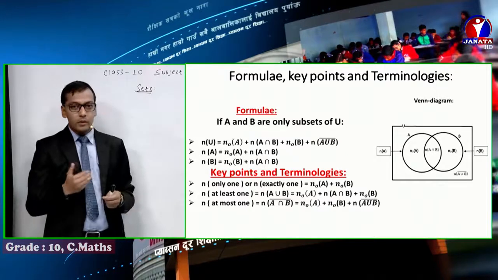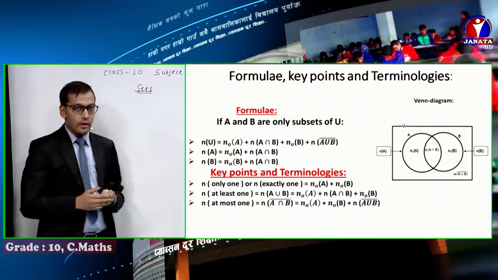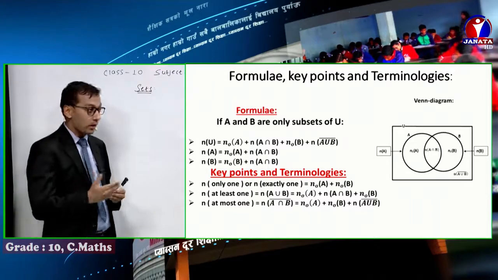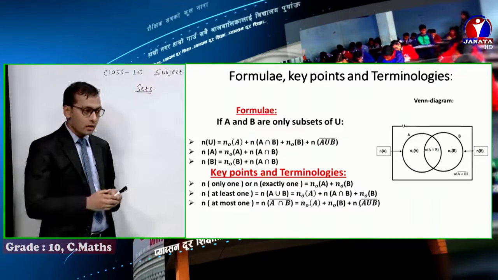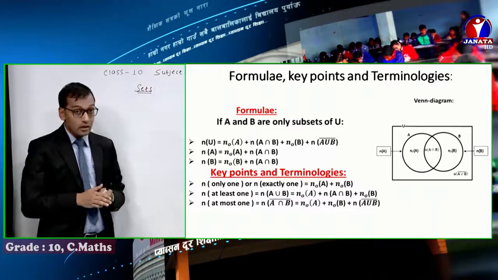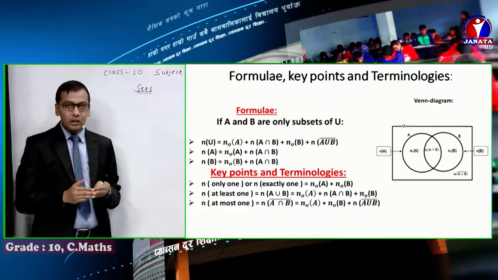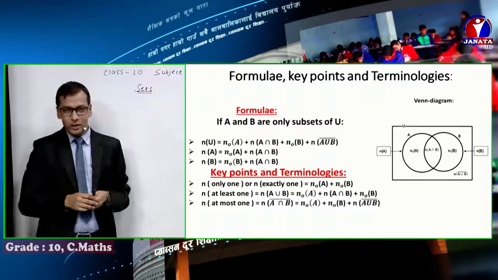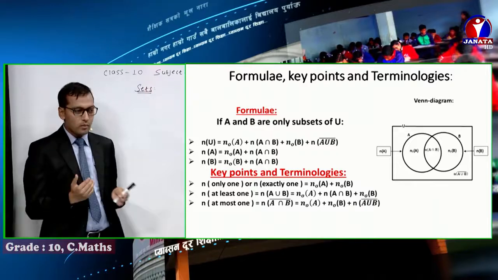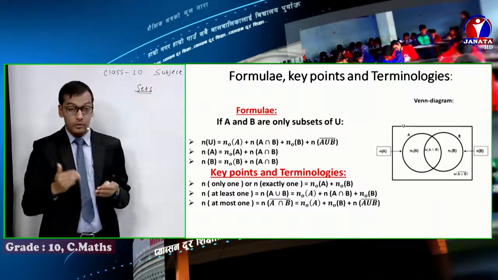So let me review today's class. Based on the curriculum of the Nepal government, the first unit of grade 10 compulsory math is sets. I started from set and talked about what a set is, with a few examples related to our daily life. I hope you got my point.